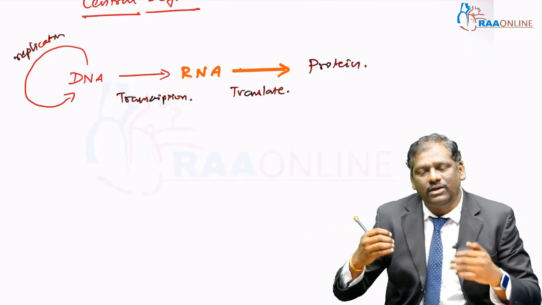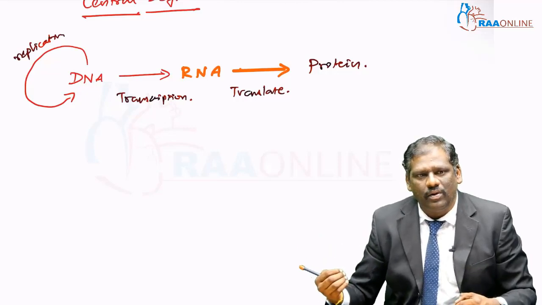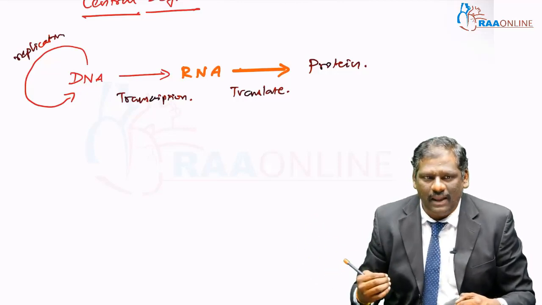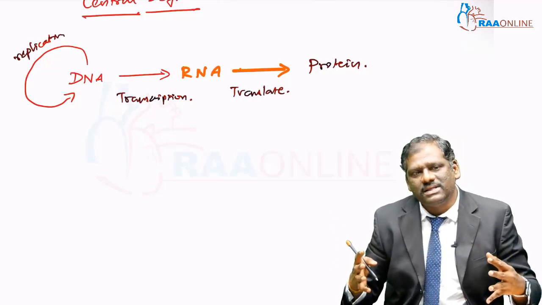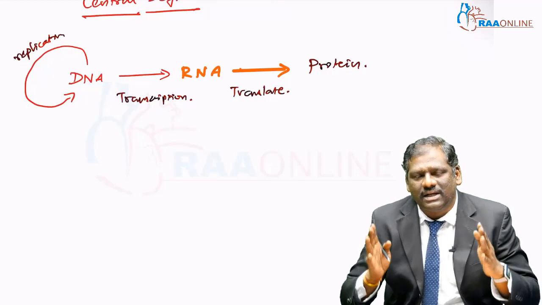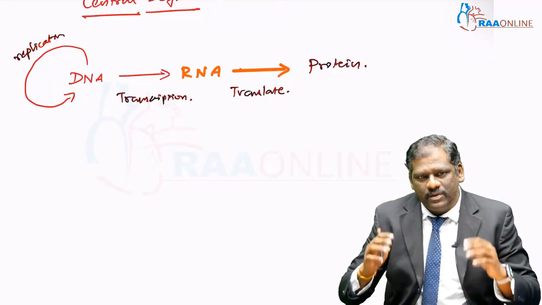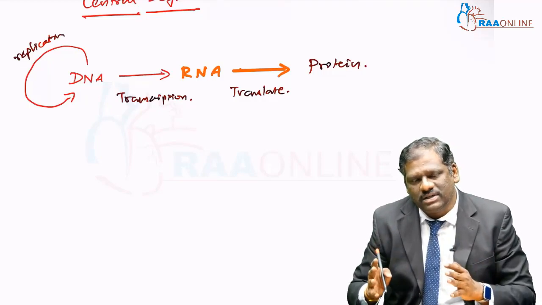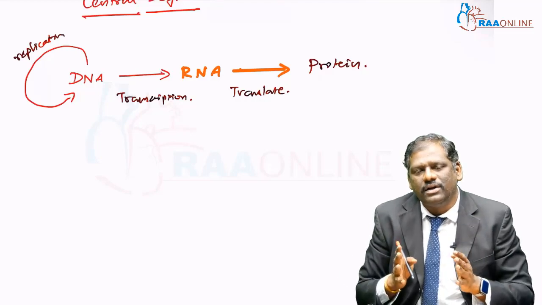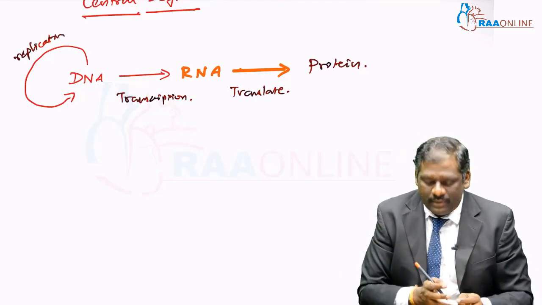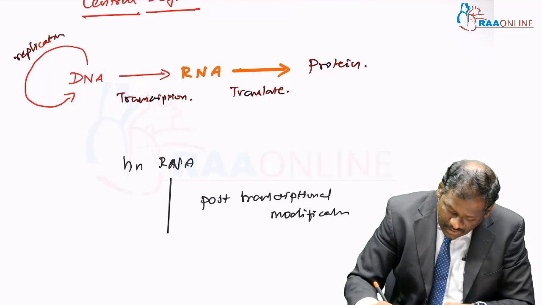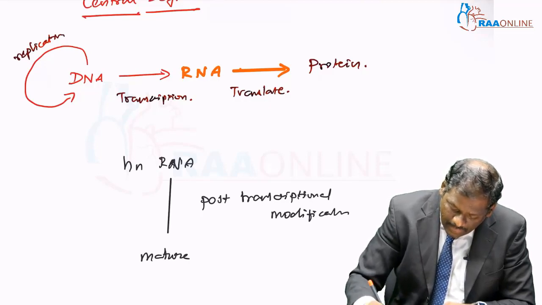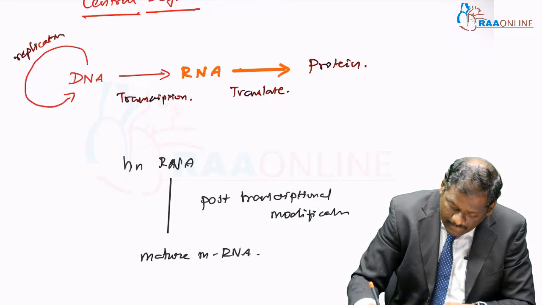That RNA was initially a heteronuclear RNA because it was unedited, and this heteronuclear RNA underwent various post-transcriptional modifications, after which it gets converted into a mature messenger RNA.